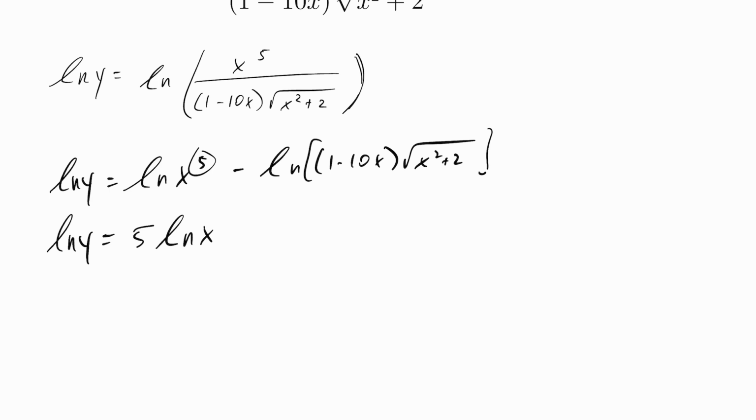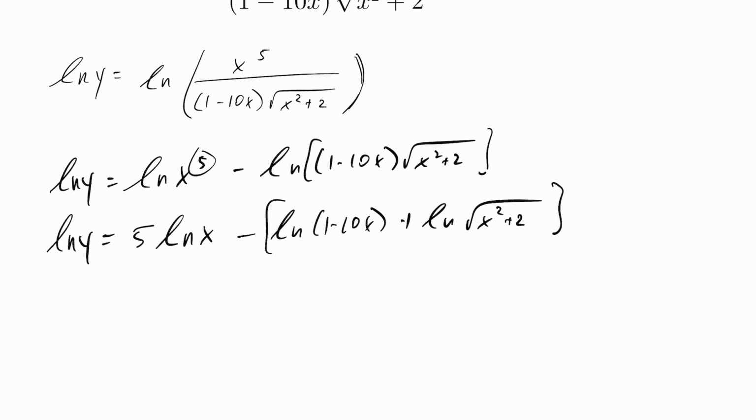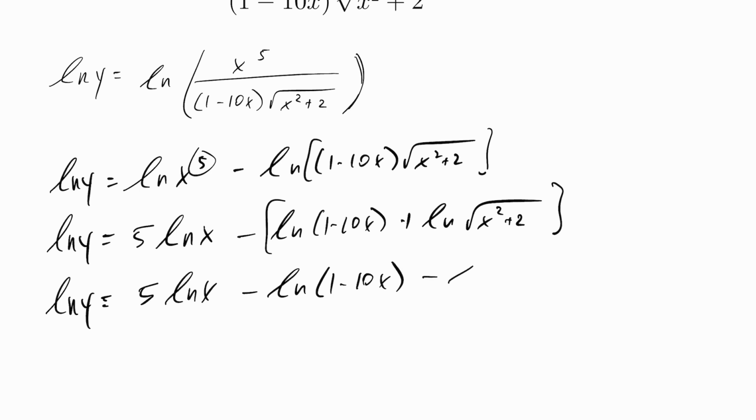And once again here I have the log of the product of two expressions. I can rewrite that as the ln of 1 minus 10x plus the ln of the square root of x squared plus 2. You can see you can make this expression appear more linear by applying your logarithmic properties.